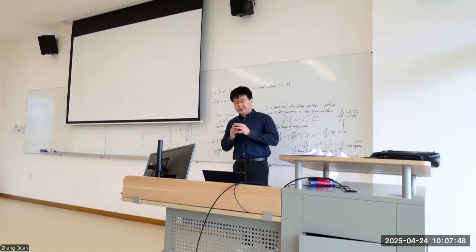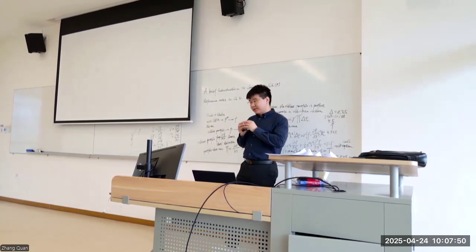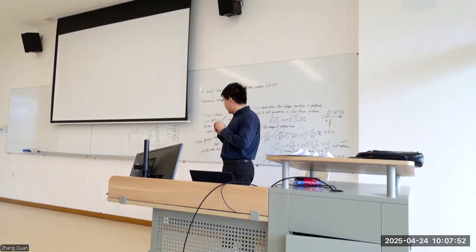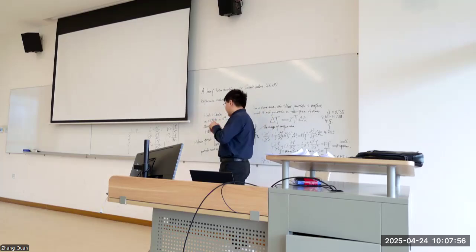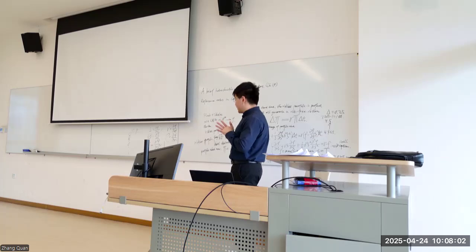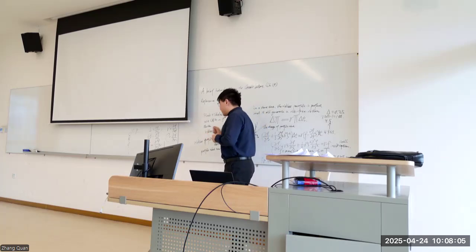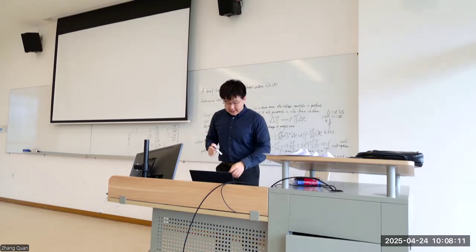In our binomial tree example, we construct the risk-based portfolio, and then we eventually successfully derive the option price, right?